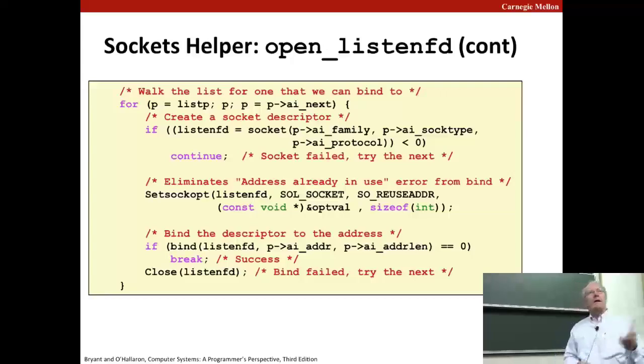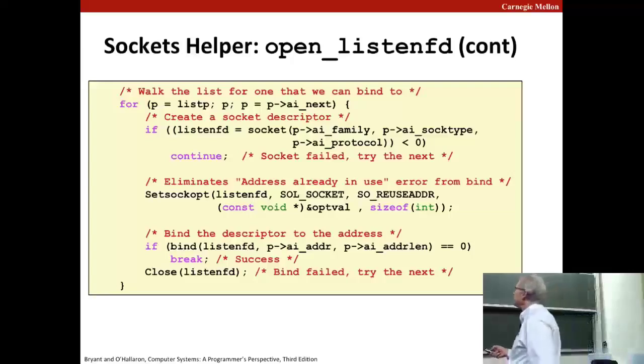And that may fail if the port's already in use, or if you're trying to set up a service on a port that you're not allowed to, like you're not allowed to set up a service on port 80 unless you have root access. And then again, it passes in the information that was filled in by the call to getaddrinfo.